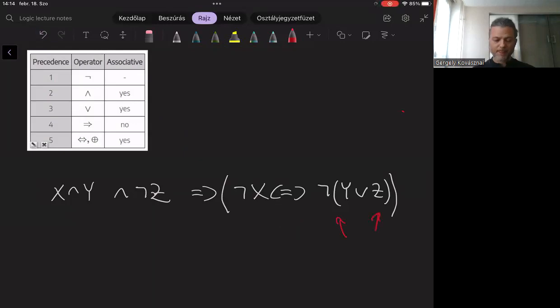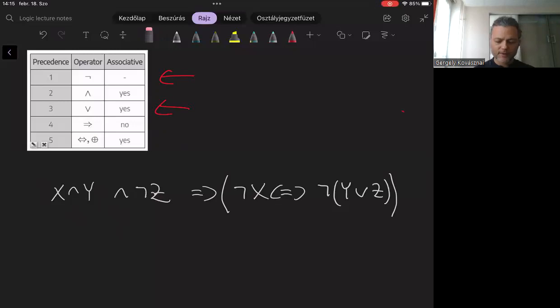Can we remove them? Well, no, we cannot, because if you look at the table and look for negation and disjunction, you can see that negation is stronger. It has a higher precedence.